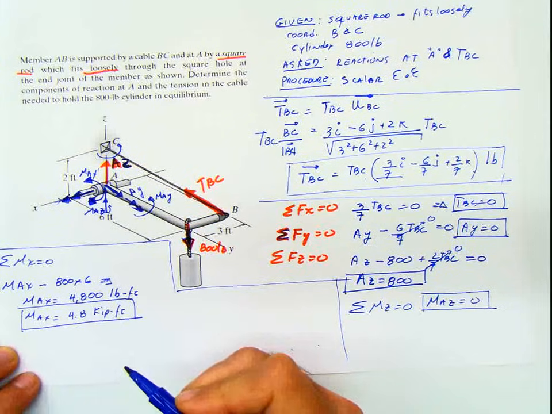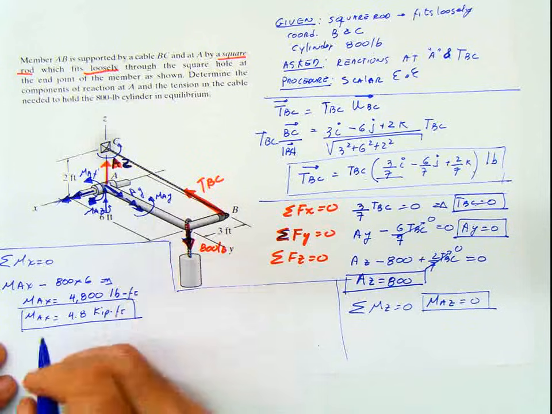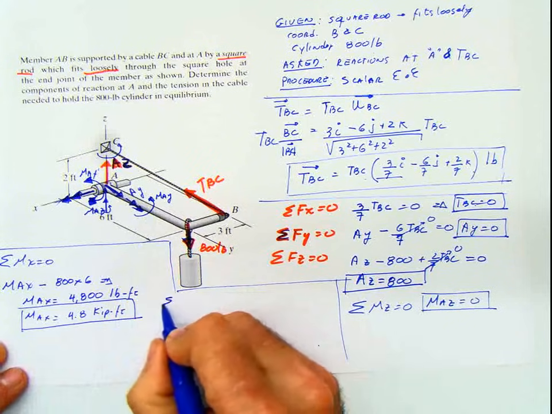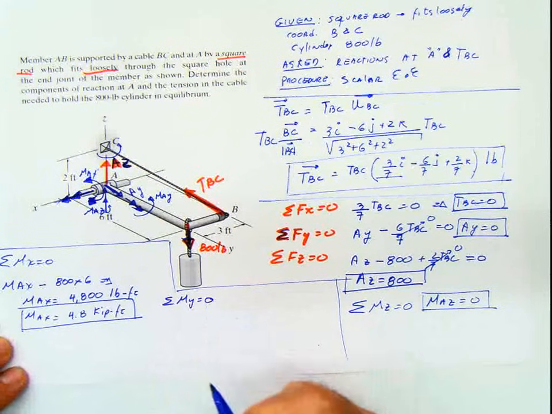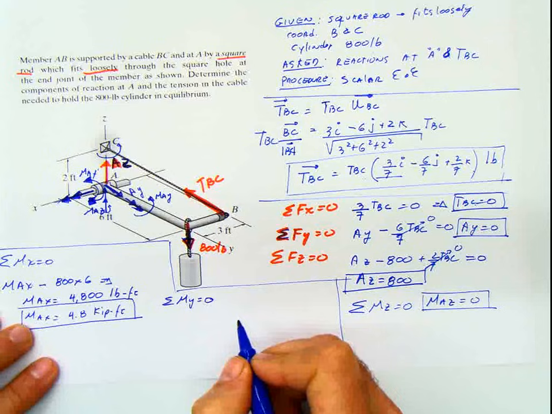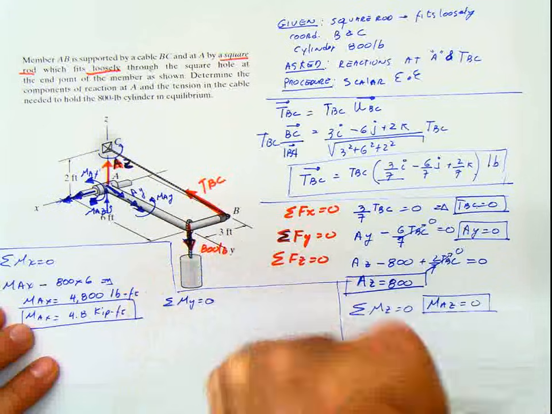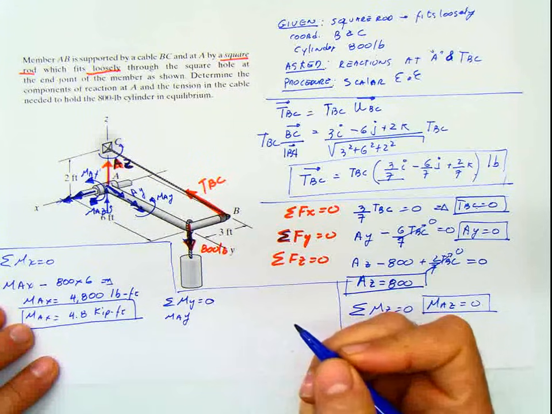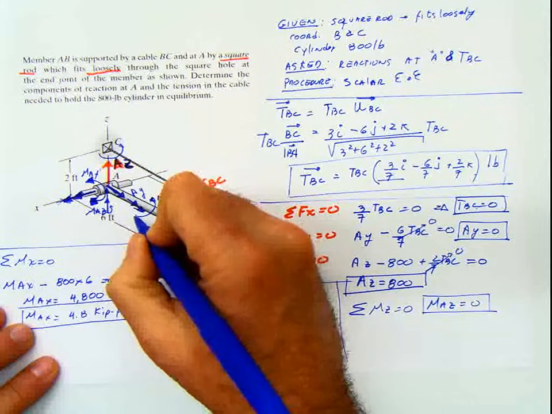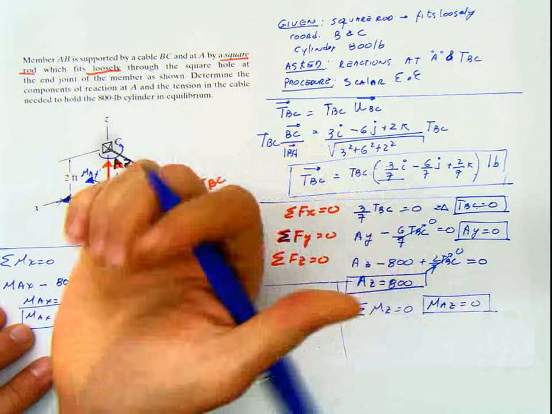My last but not least of the unknowns is summation of moments with respect to Y equals 0. By doing that, I'm going to have MAY. This is coming from below, that's why it looks like it's coming in this direction.